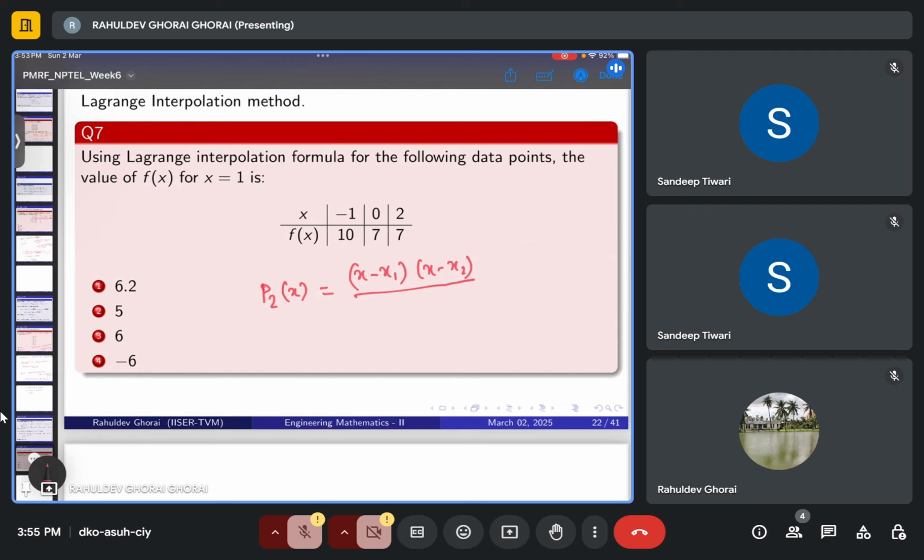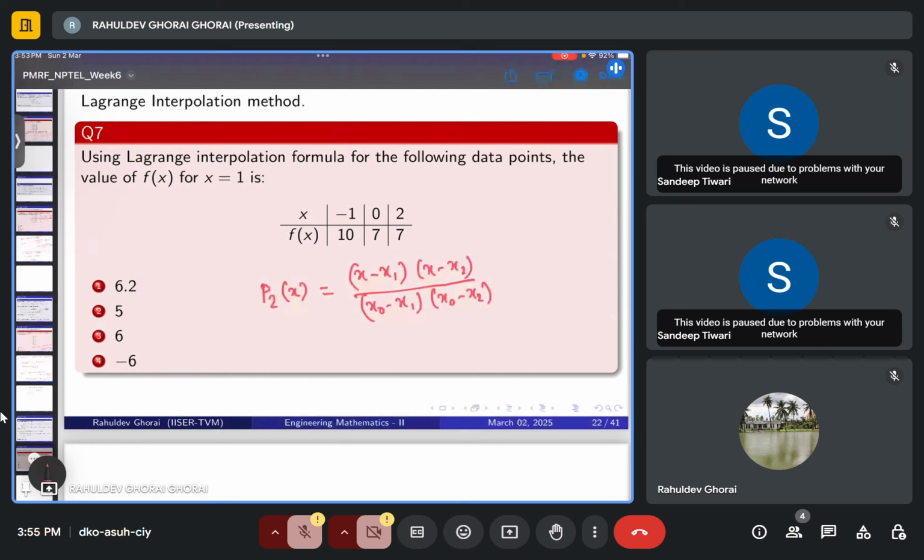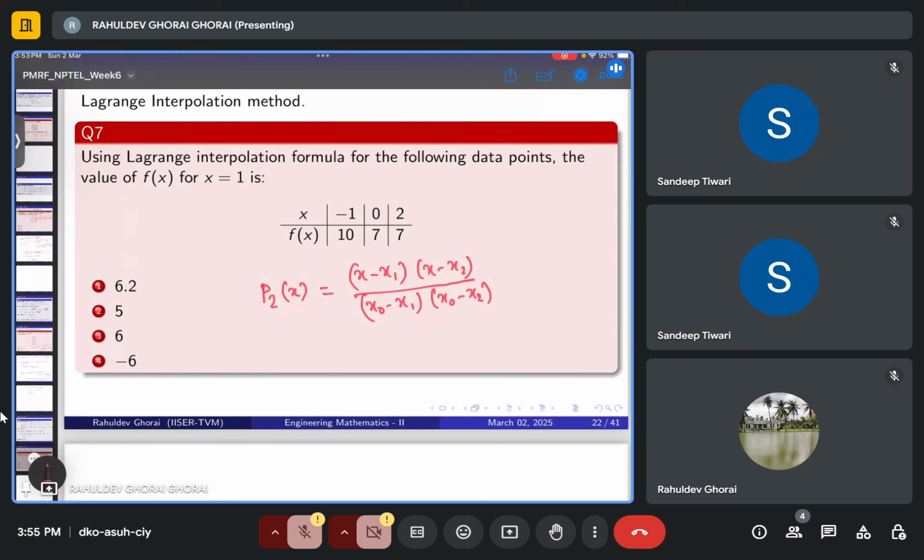So for this x, when it is x0, the other points are x0 minus x2, times f of x0, plus (x minus x0)(x minus x2) over (x1 minus x0)(x1 minus x2) times f of x1.